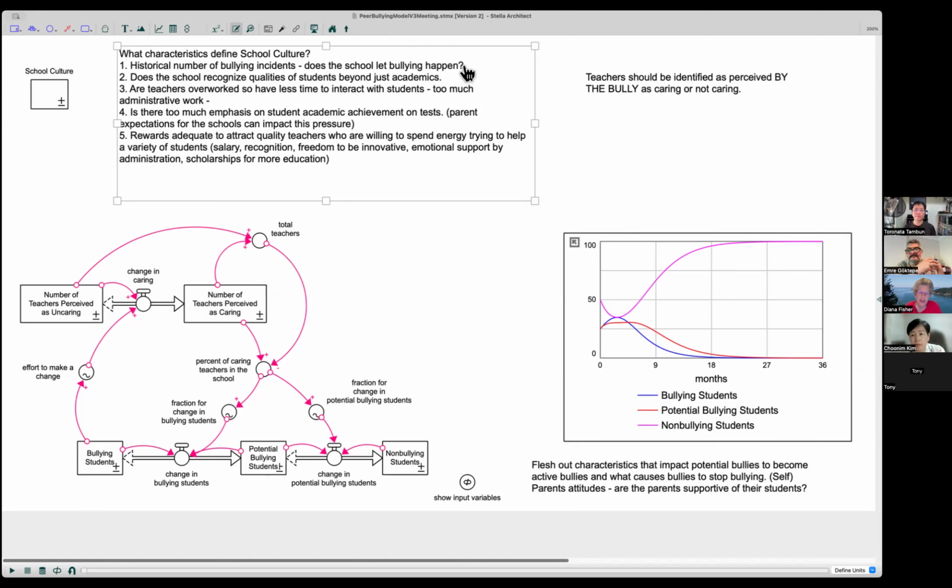I think this is a great list, and I think you're absolutely right, Emery and Toronata, that we have to identify more specifically what we mean by school culture. Tony has very interesting suggestions. I think we can put them in the list.